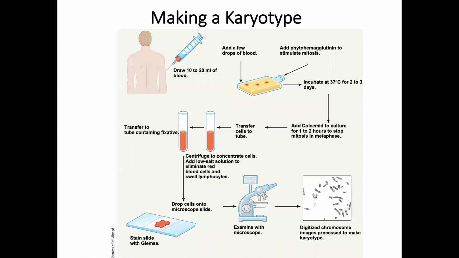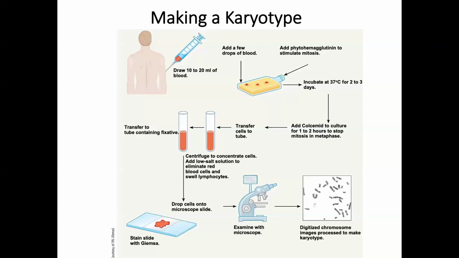This figure shows how a karyotype is made in the clinical lab. So usually 10 to 20 ml of blood is drawn from an individual, and the white blood cells, okay, can be cultured in vitro in labs. Remember that red blood cells do not have a nucleus, therefore they cannot be used for karyotype.